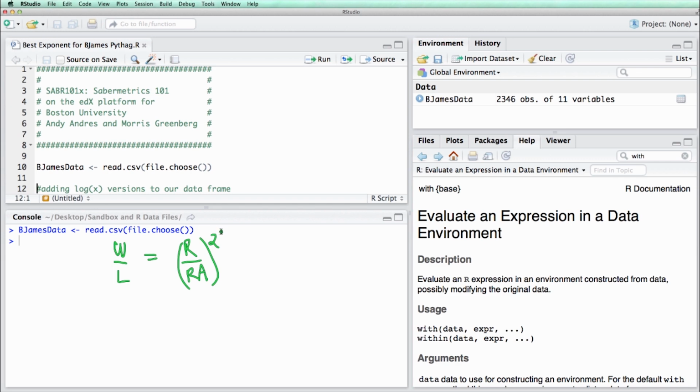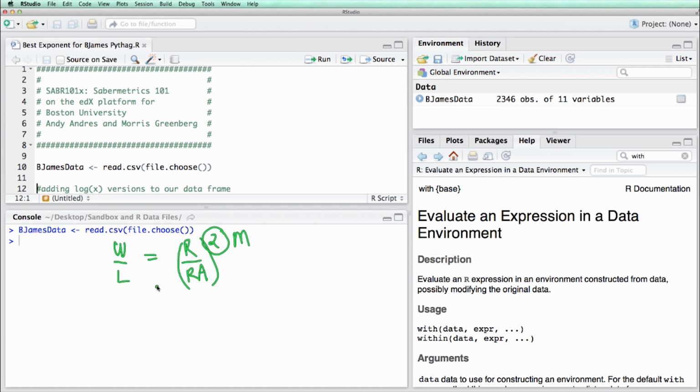The question we want to ask is, what is the best exponent? So instead of using 2 here, I'm going to make that m now as an unknown. We're going to try to solve for m and find the right term that's going to give us the best estimator, the smallest error.